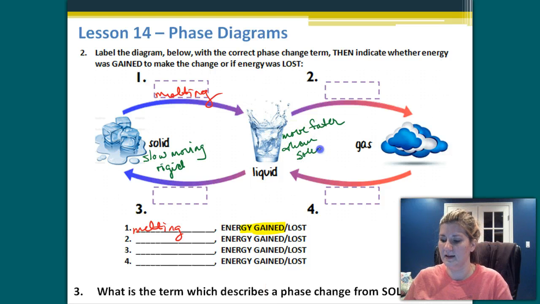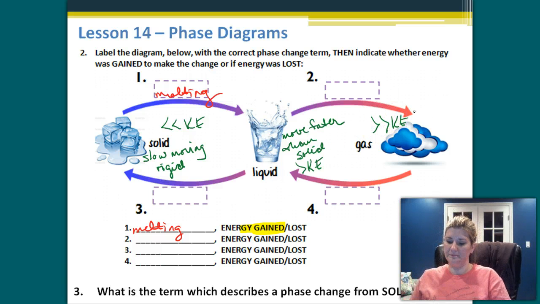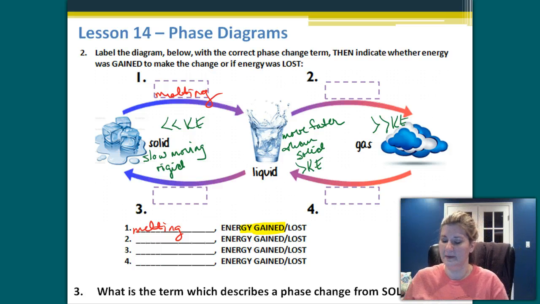So if we're talking about kinetic energy, this one is the greatest, has the most kinetic energy. This one is high in kinetic energy. Wait a minute, backwards. This one has the least kinetic energy. This one has some, and this one has the most. Okay? Okay, sorry, back to my chart here.